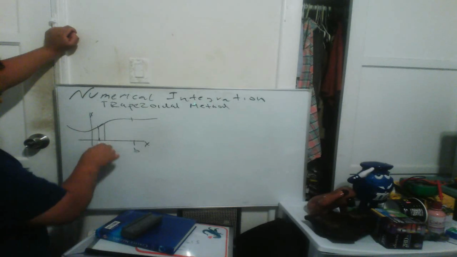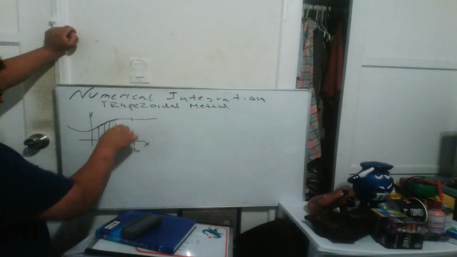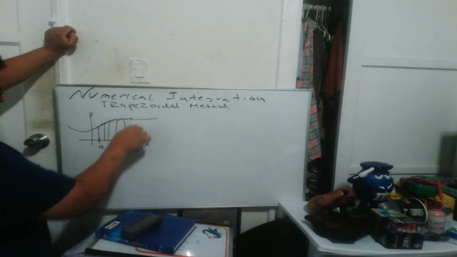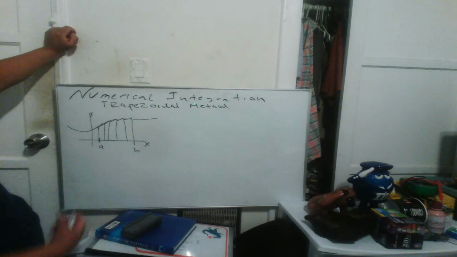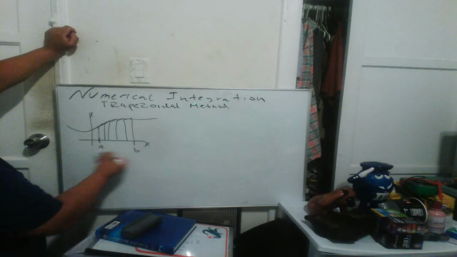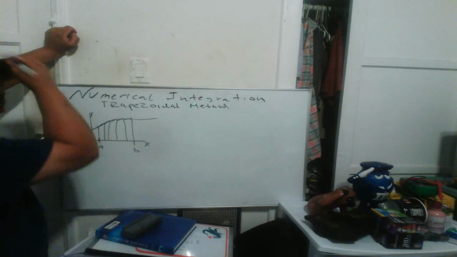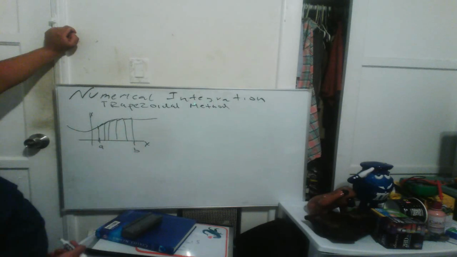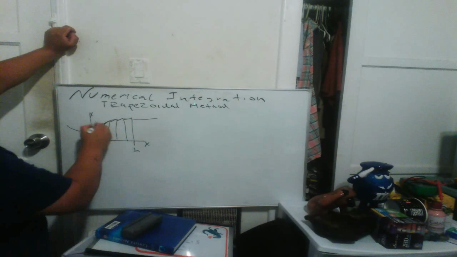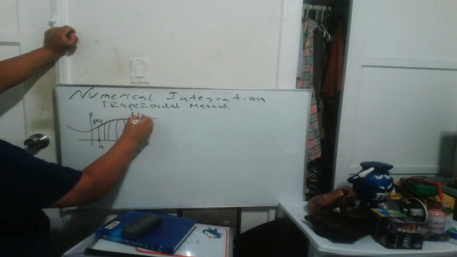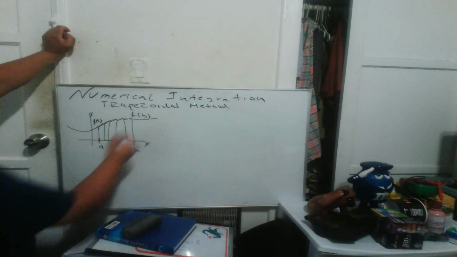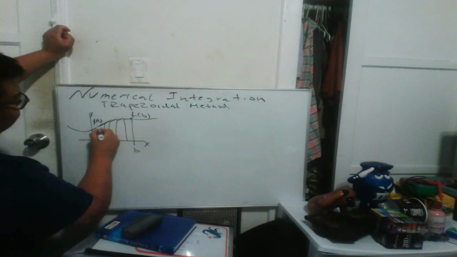That means that we're going to equally divide this from A to B into n intervals. Here is f of A, here's f of B.